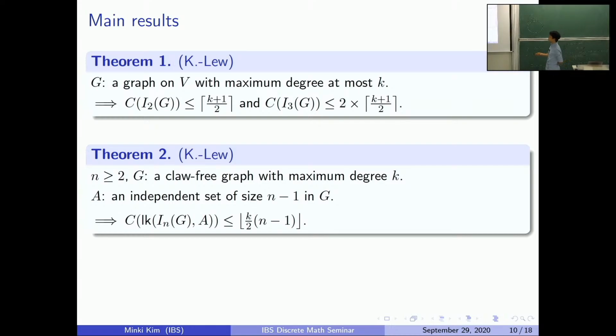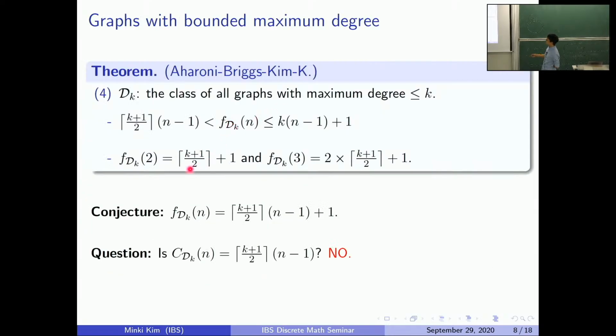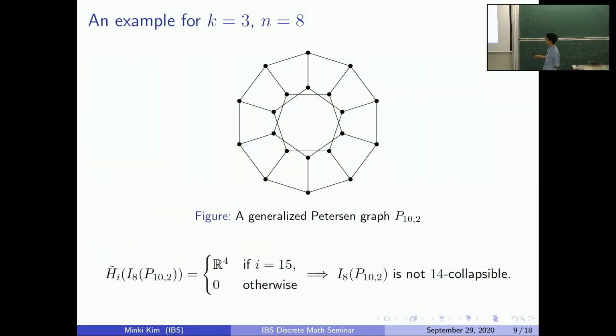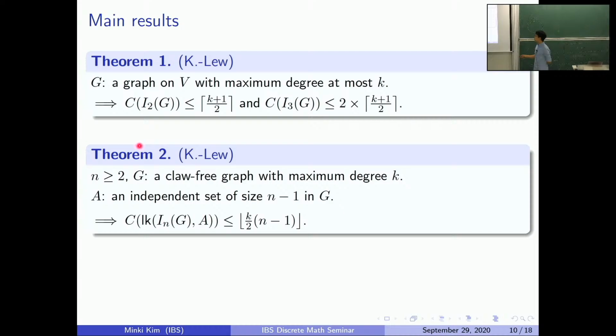We proved the corresponding collapsibility result for the second part of this theorem, for some subclass of this class of graphs with maximum degree k.